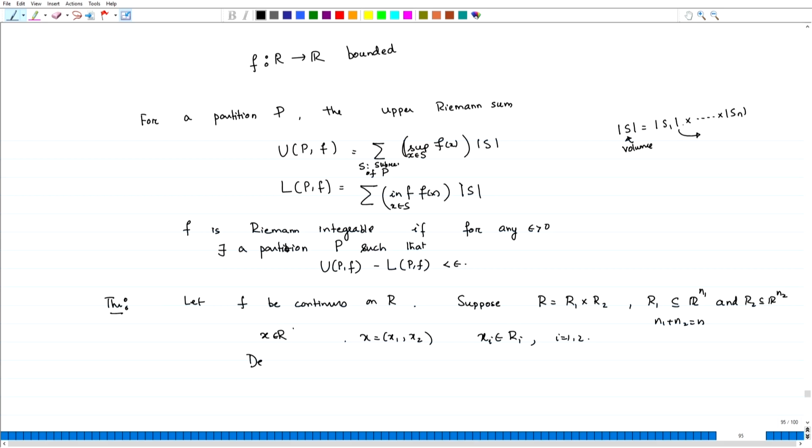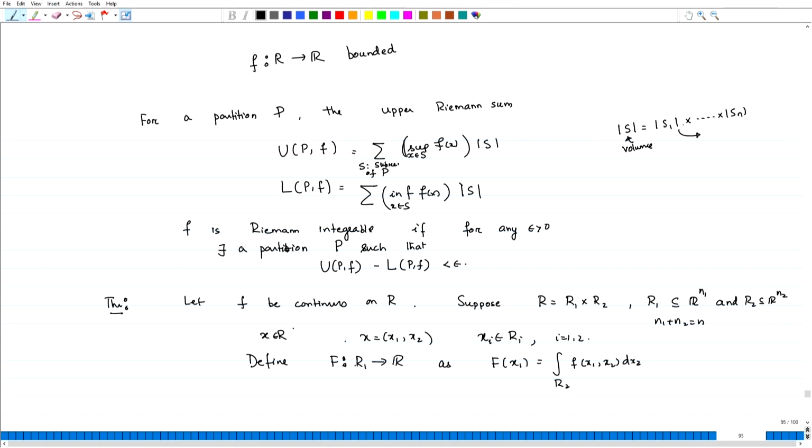Then define f of x_1, that means define a map from R_1 to R, as f of x_1 is equal to the integral over R_2 of f of x_1, x_2 dx_2.